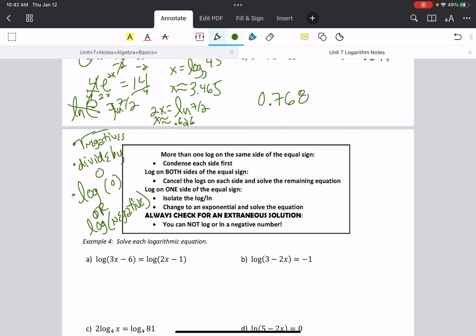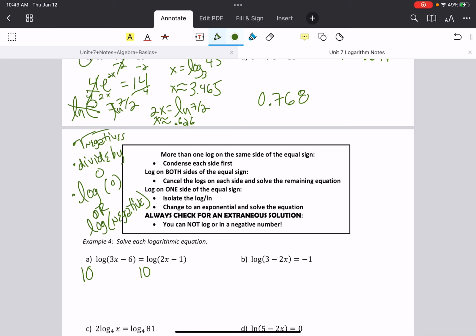First of all, on A, what's the log base if it still says the word log and I don't see it? 10. There we go. So I'm going to raise this as an exponent to a 10 on both sides. Why do you think I did that?